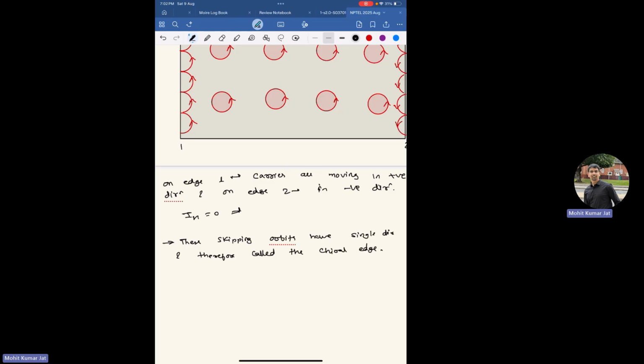They are chiral edges because they are moving in only one direction. On one edge, they are only moving in one direction.